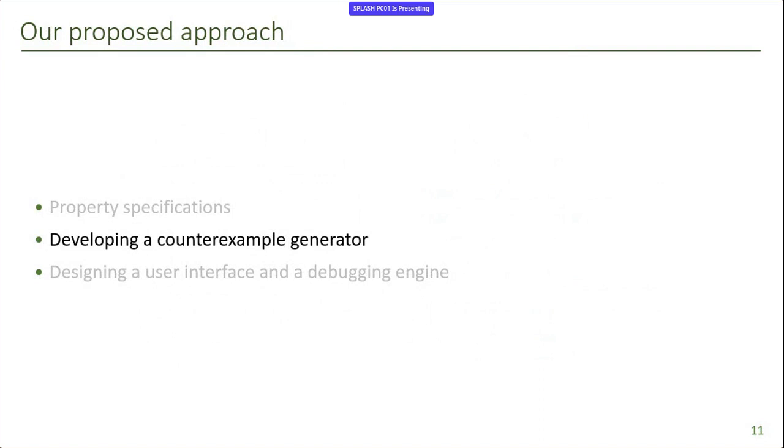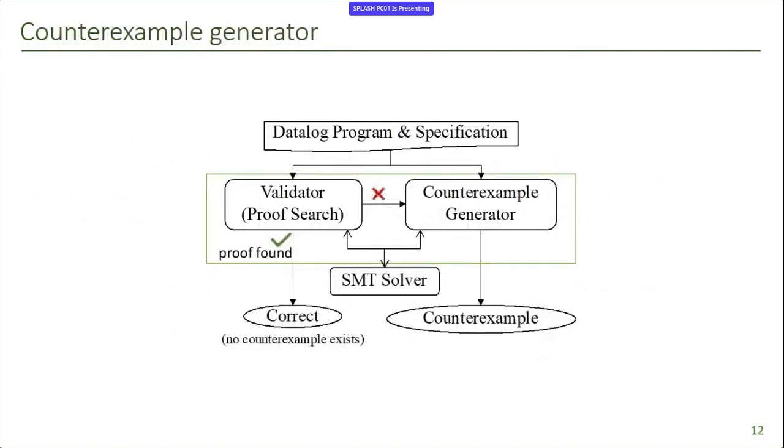Now I will present our first part, the counterexample generator. As I mentioned before, we have a Datalog program with some specifications also written in Datalog. Our framework will first validate whether the program is correct or not by using a proof technique. This is to ensure that we will not generate a counterexample for a correct program.